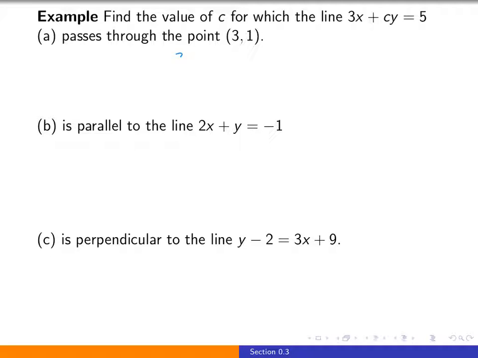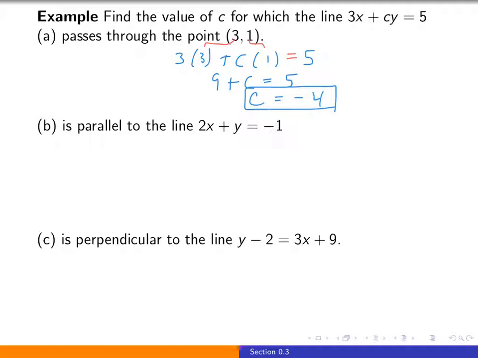So 3 times the 3, the x-coordinate of our point, plus c times 1, where y is the y-coordinate of the point, we need this to be equal to 5. So 9 plus c equals 5. So in this case, c is equal to minus 4.